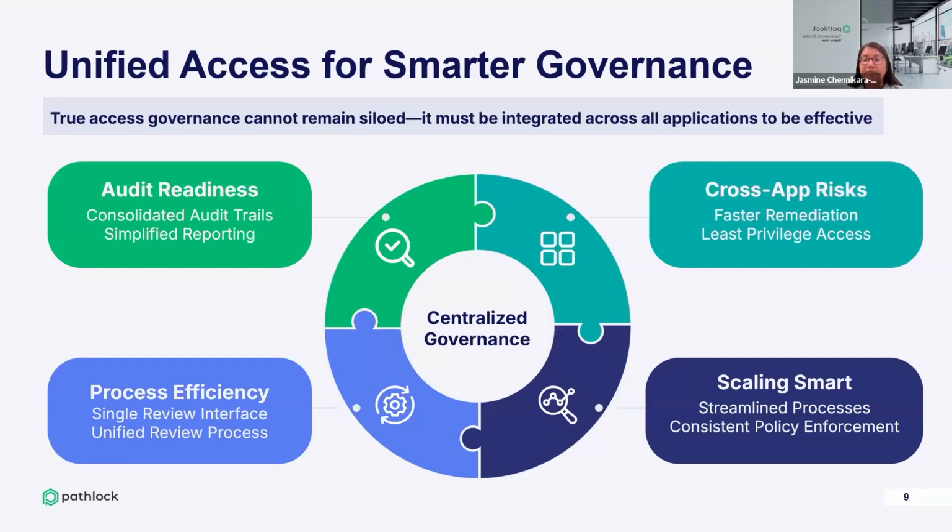So this saves them time, reduces any errors, and also prevents them from feeling overloaded. And also allows your organization to grow. So whether you're adding more users, more systems, more locations, you can do that without adding complexity or operational burden.